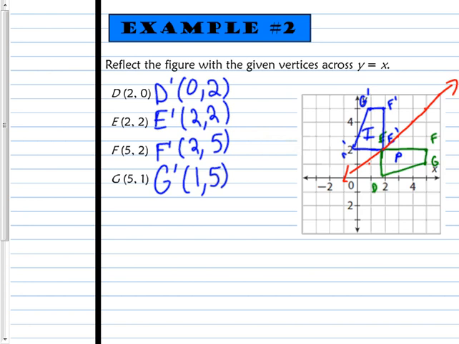The y equals x line goes right down the middle, and it should go right through point 0. Definitely a little bit challenging. Okay, that's as good as I'm going to get right now. If you fold it on that line, the pre-image will line up perfectly with the image. So that's reflection across y equals x.